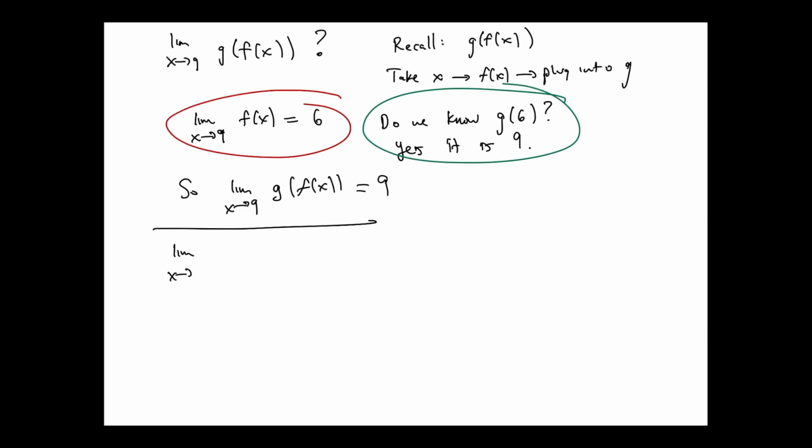Now let's contrast this with a very similar, but not identical question, namely, what's the limit as x goes to, well, okay, we're going to 6 this time, but whatever. Okay, so before we worry about the limit, what's the difference between g of f of x and f of g of x?